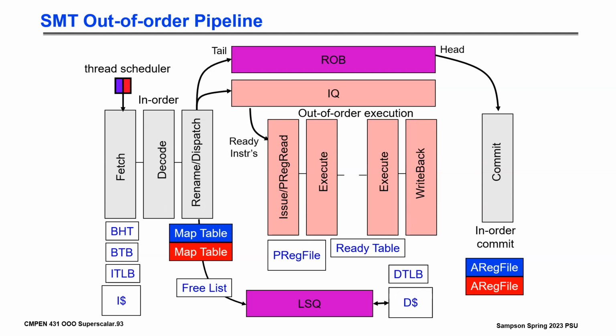Now, in any one cycle, I'm only going to be fetching from one thread or the other. I'm not going to be trying to get multiple instructions from multiple threads in through fetch at the same time. It's really not worth it. I've already got all this decoupling on my front end anyway. It's going to queue these things up and introduce them over to here, which is where all the actual magic happens.